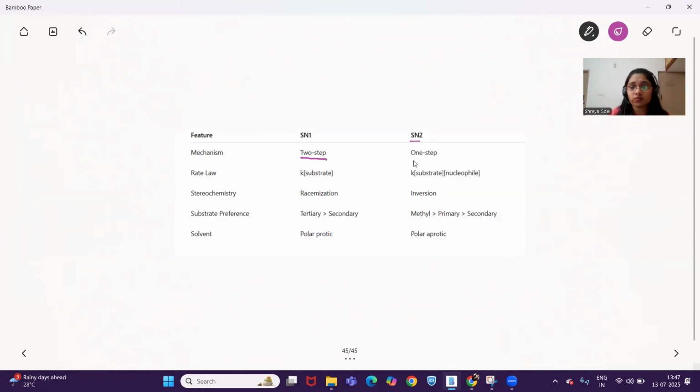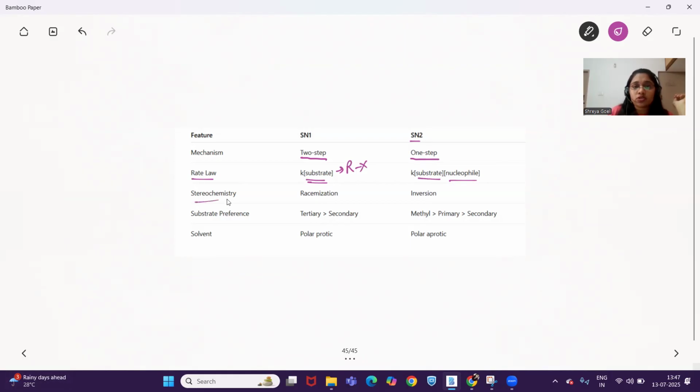In SN2, that was a one step reaction. Nucleophile is attacking, leaving group is leaving, both happening at the same time. Now coming to the rate law. We have defined in SN1 that it only depends upon the substrate's concentration, which was alkyl halide. And in SN2, substrate and nucleophile both matter, right?